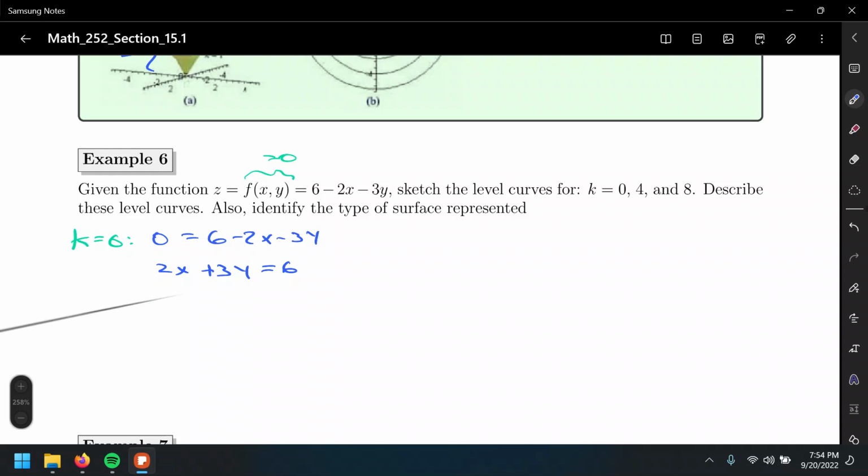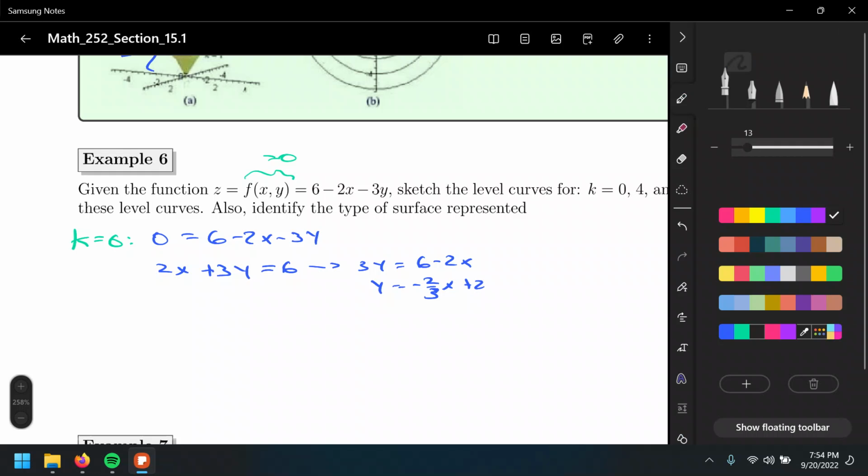Which one is this in particular? As a hint, notice the powers of x and y are to the first power. So just lines, right? Let me solve for y in this case only. That's 3y equals 6 minus 2x, and y equals negative 2/3 x plus 2.